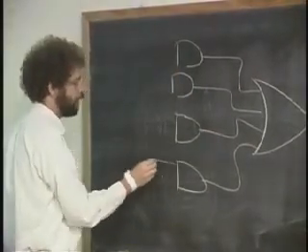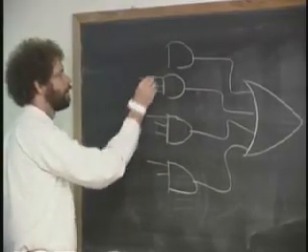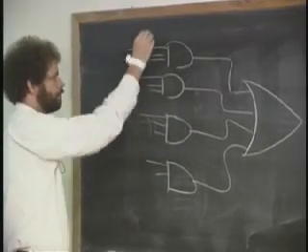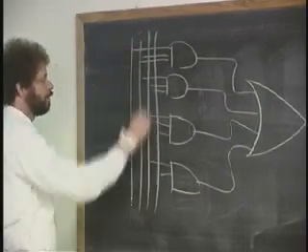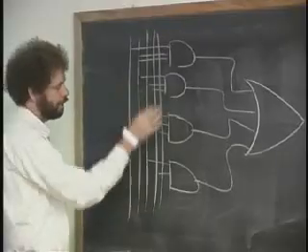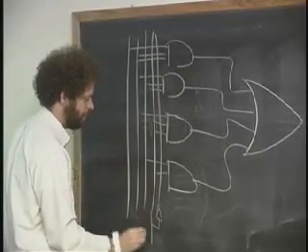And feeding into those AND gates are going to be various connections to inputs. Okay, and I'm drawing this in a very messy way on purpose, because you're going to see what I'm going to do.